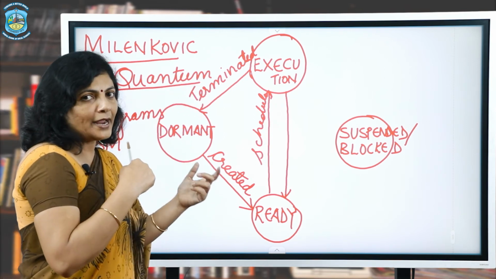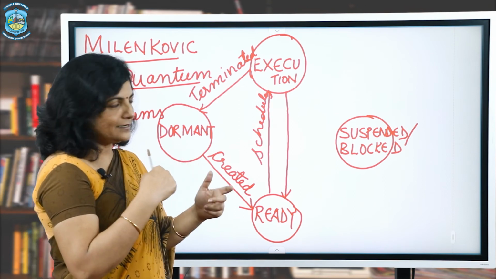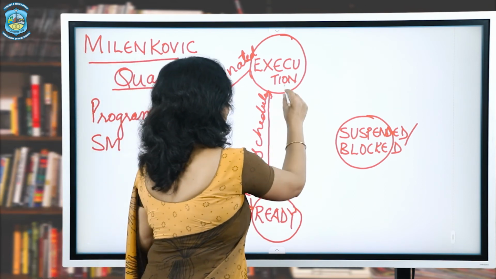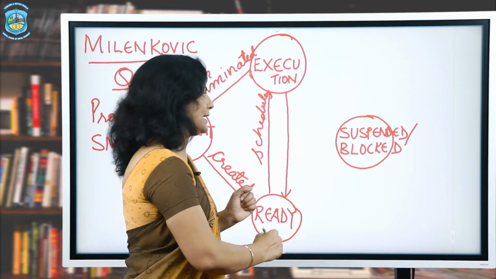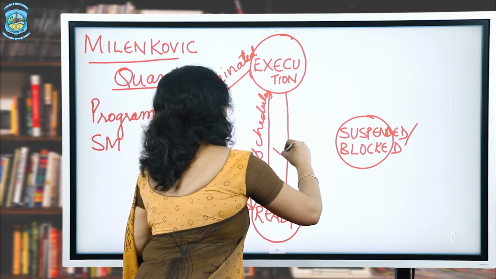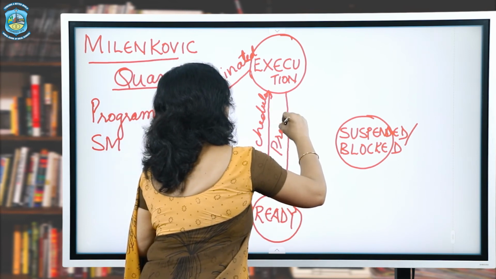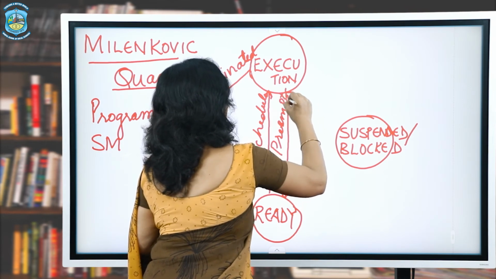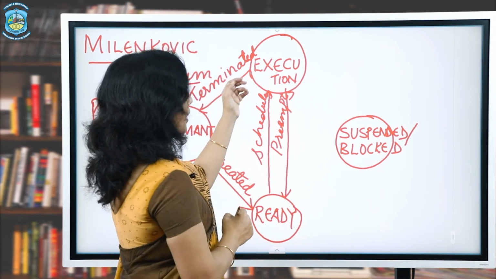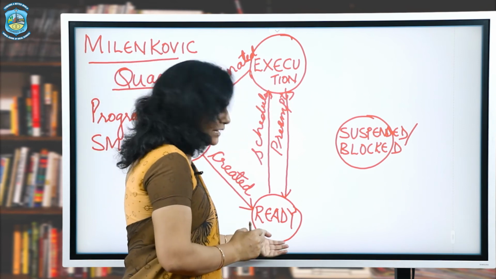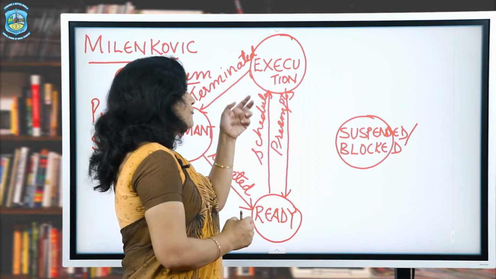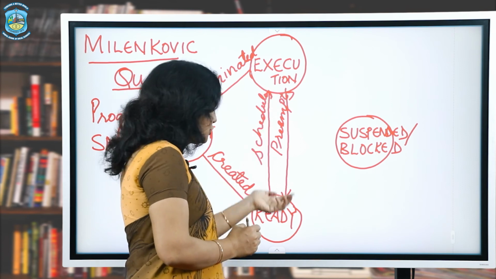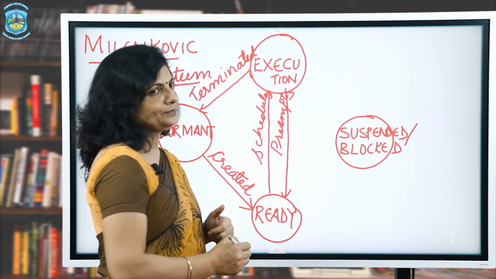So, when time quantum is exceeded, it is preempted back to the ready state. So, operating system preempts from the CPU back to the ready state, from the execution state to the ready state.